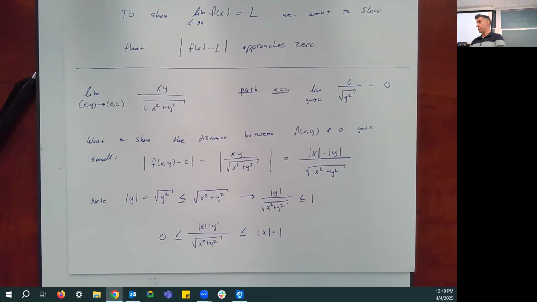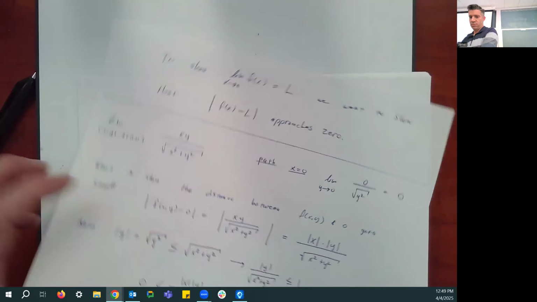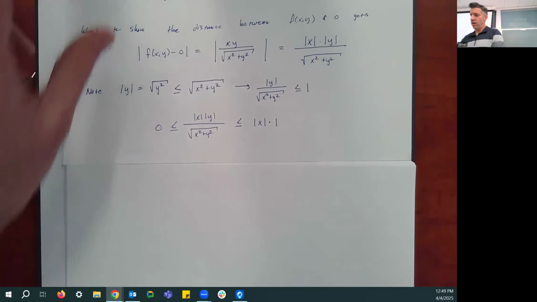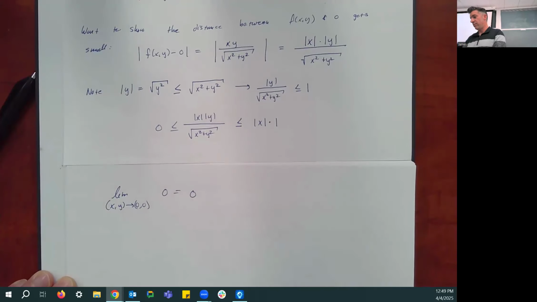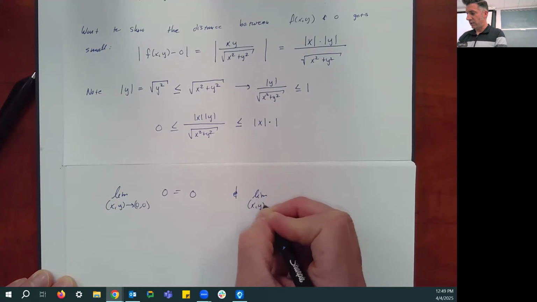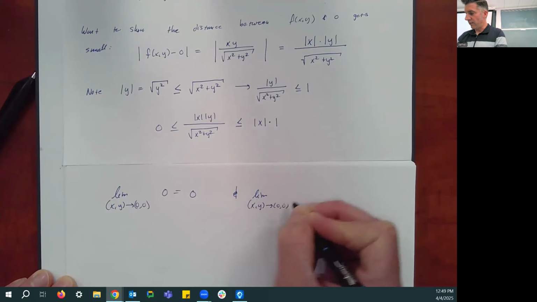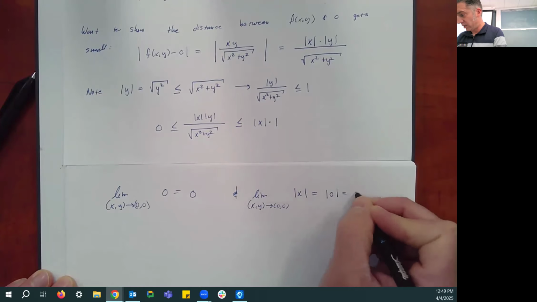It's an absolute value. And then, well, the limit of this part, so yeah, I should write more words. But then what we get to say is, okay, the limit as x comma y approaches 0 comma 0 of 0, well, limit of a constant, still a constant. And certainly the limit as x comma y approaches 0 comma 0 of the absolute value of x is definitely equal to the absolute value of 0, which is 0.